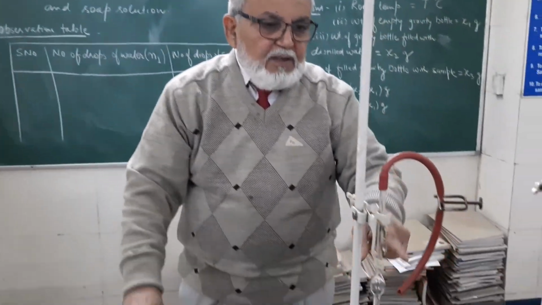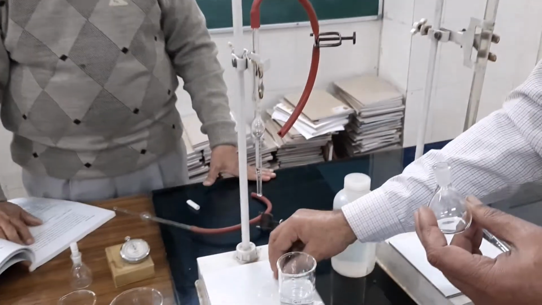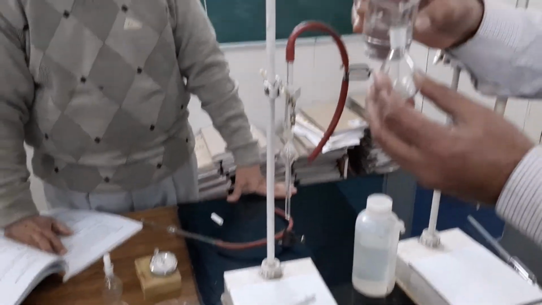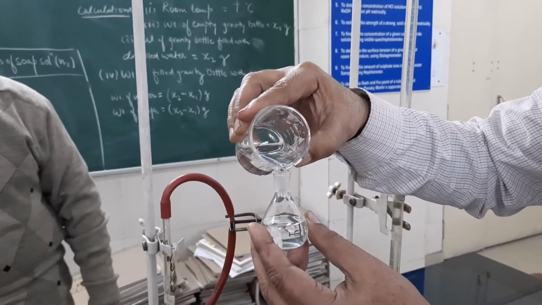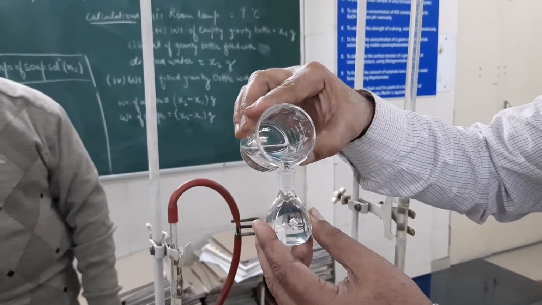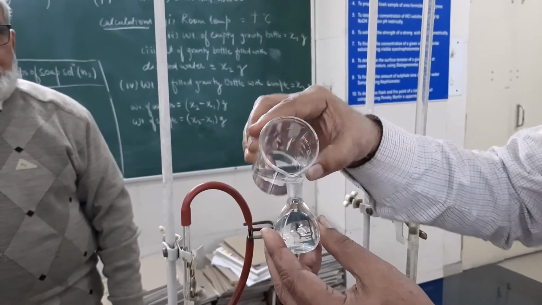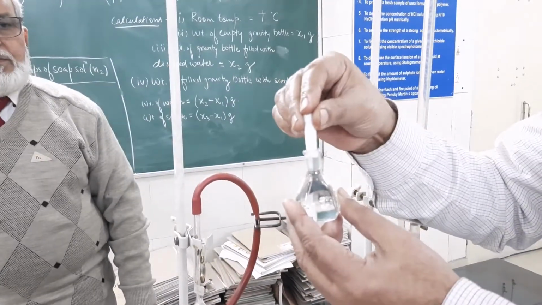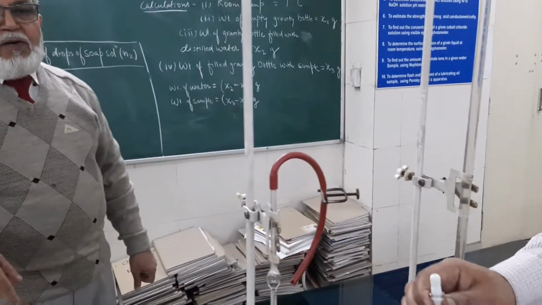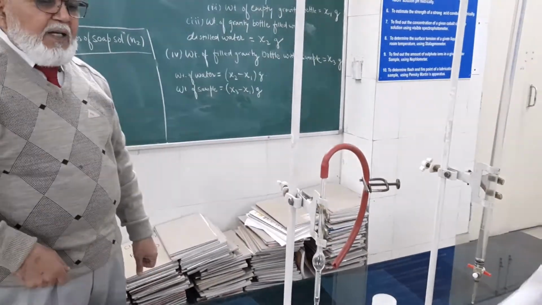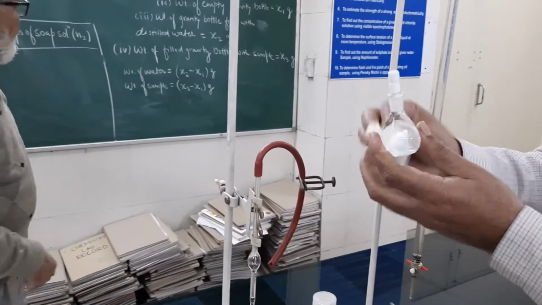Then this density bottle is filled with distilled water, and it is again weighed on the same chemical balance.